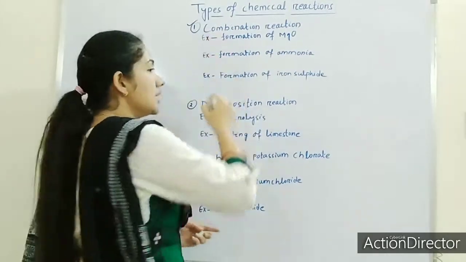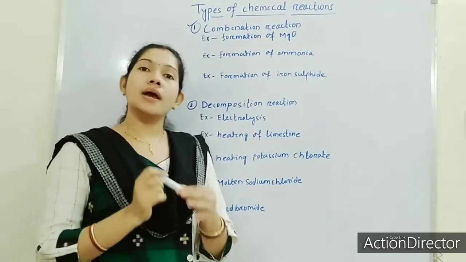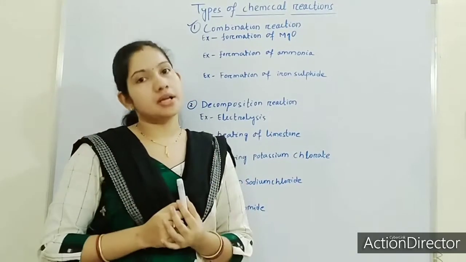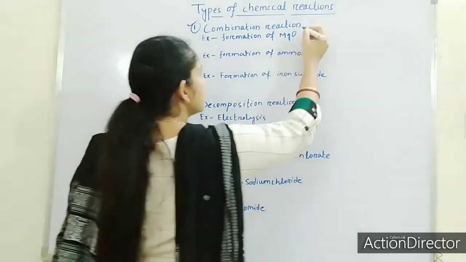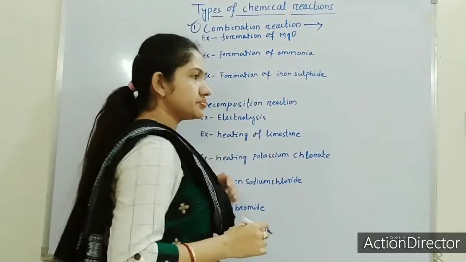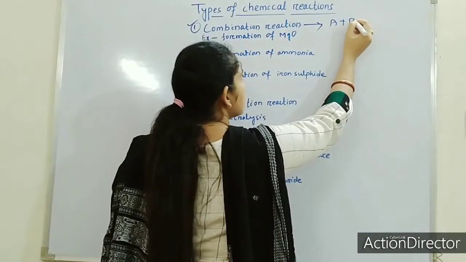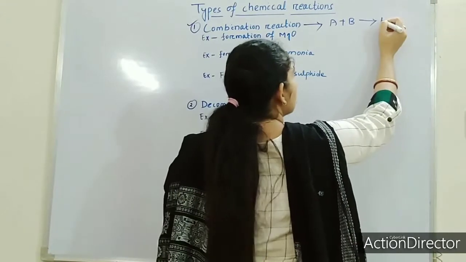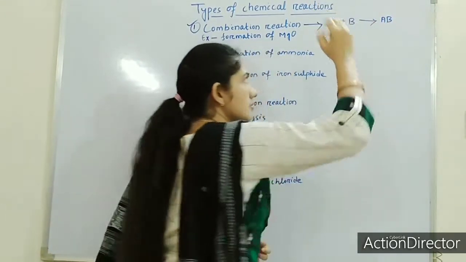Combination reaction, the name itself suggests it. What is a combination reaction? When 2 reactants combine to form a new product. Suppose I write one example: A plus B gives rise to AB.